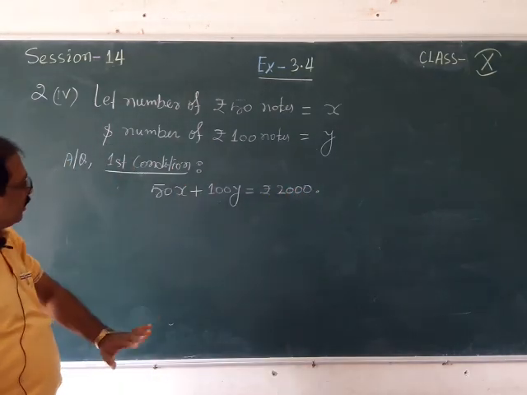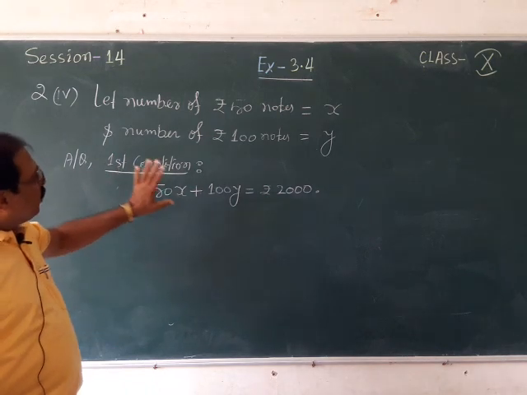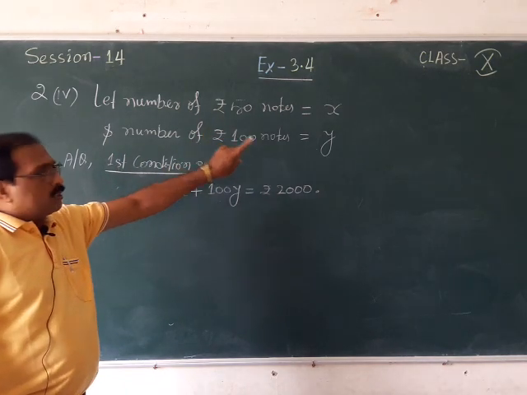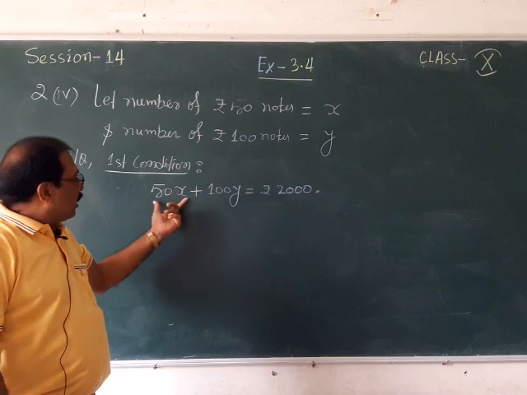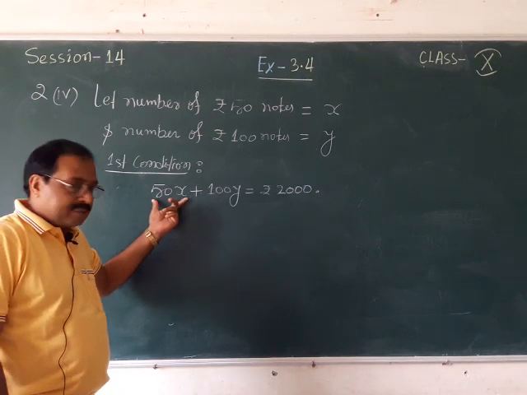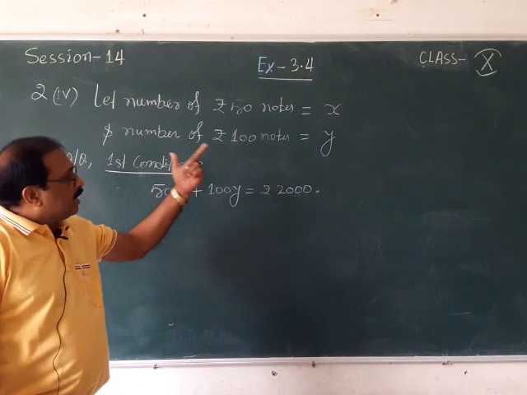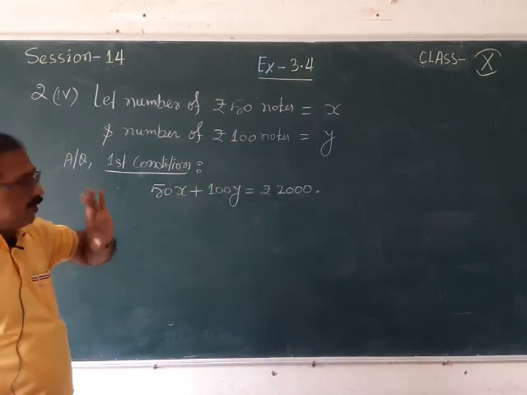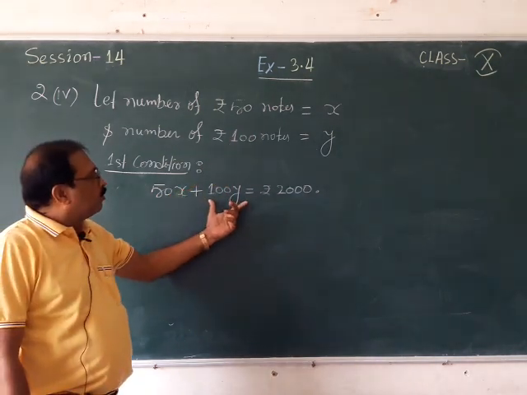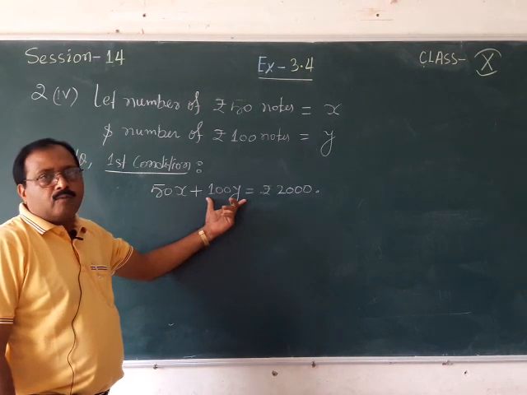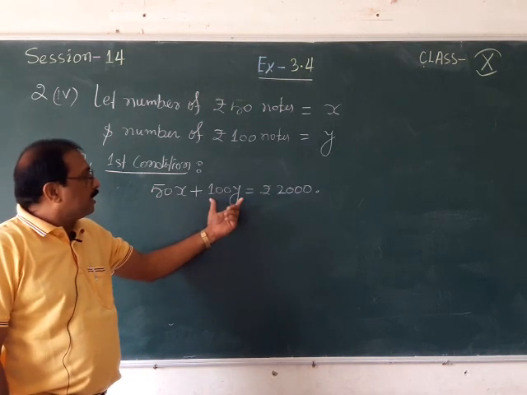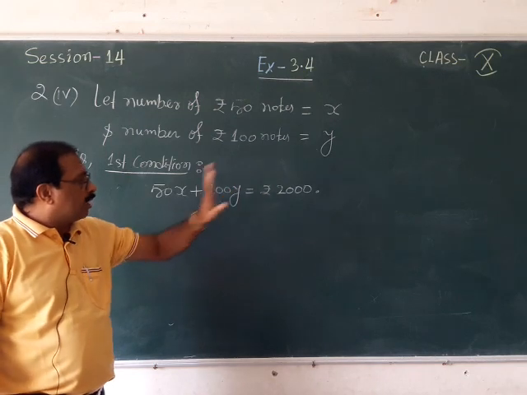This is the first condition: x notes of 50 rupees give 50x, and y notes of 100 rupees give 100y, and the total amount becomes 2000.